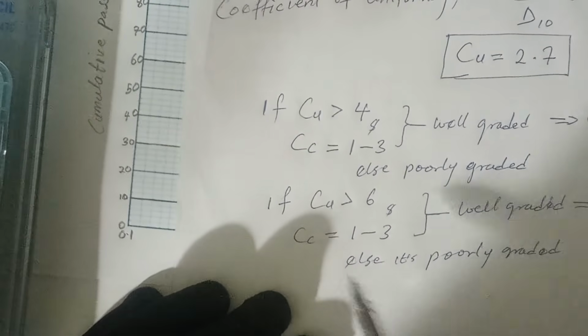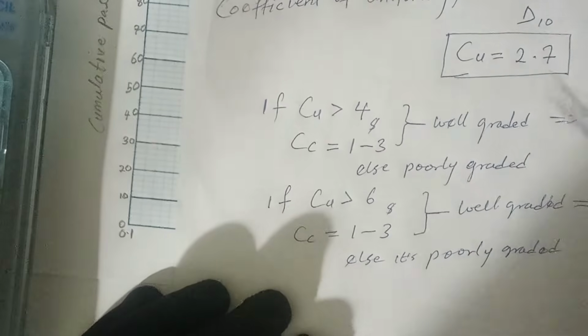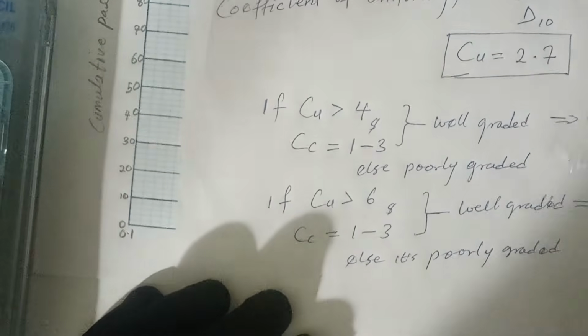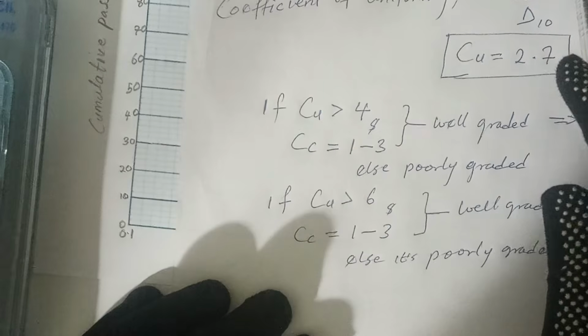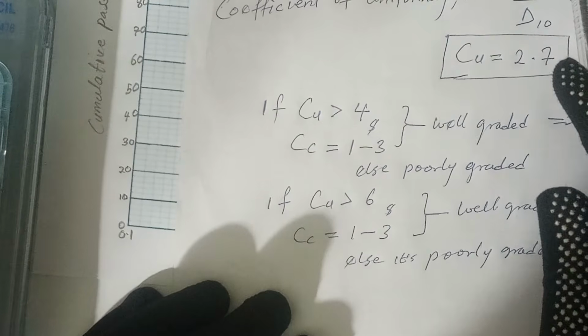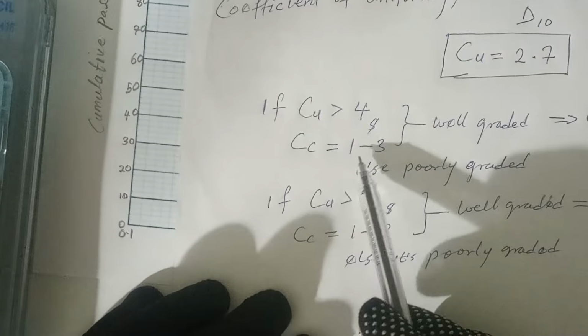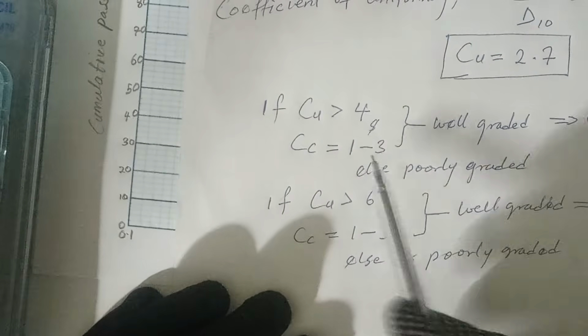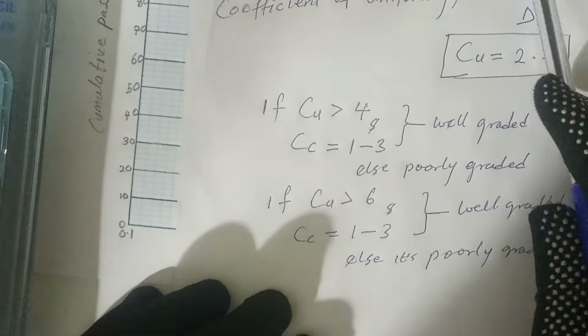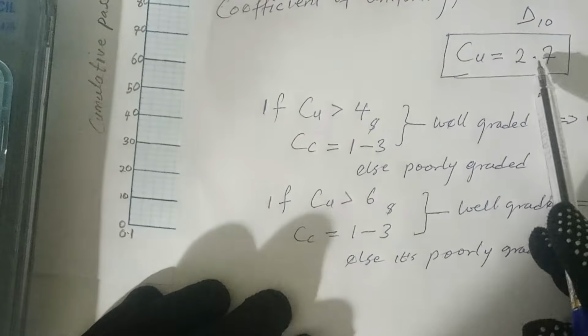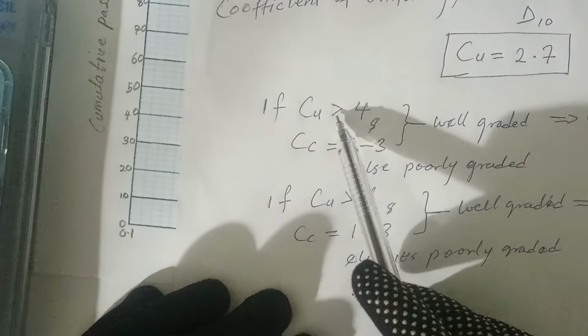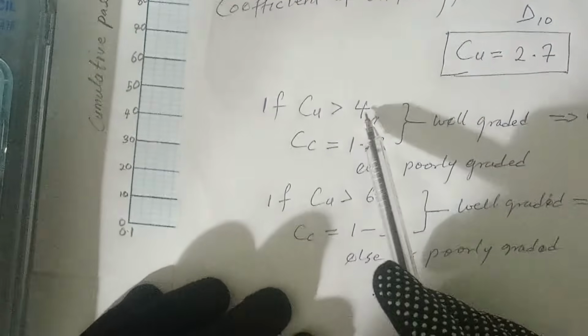So based on that, we have our value here for CC, which is 1.13. As you can see, 1.13 for CC falls between 1 and 3. And how about CU? The value for CU is less than 4.